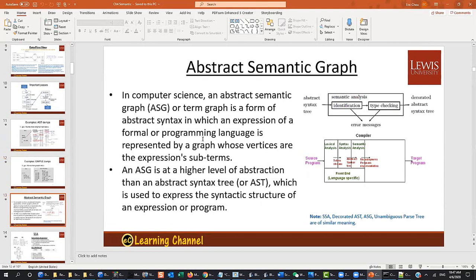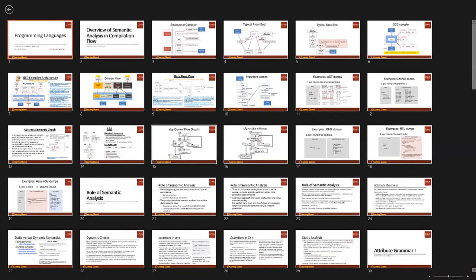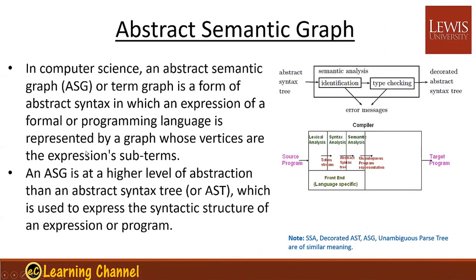Okay, and then you go to the next stage, the abstract syntax semantic graph. Why is that? You do semantic analysis, identification, check the type, and then create an error message if the type is wrong or a value is not acceptable, something like that.